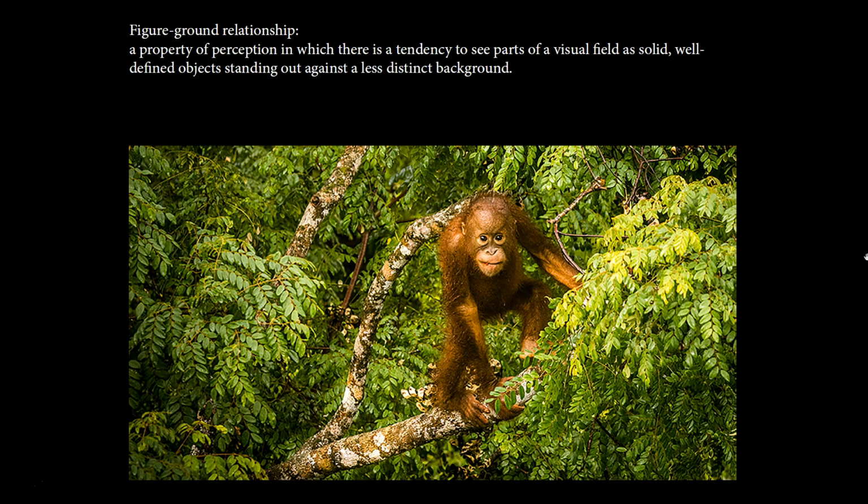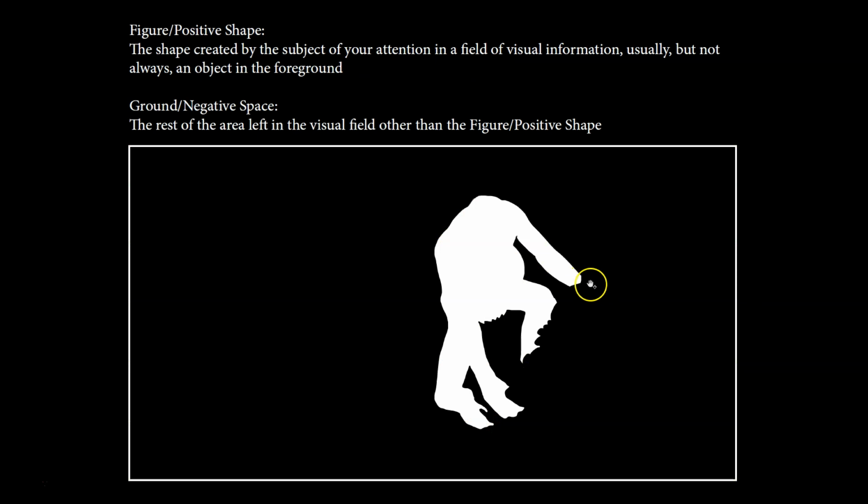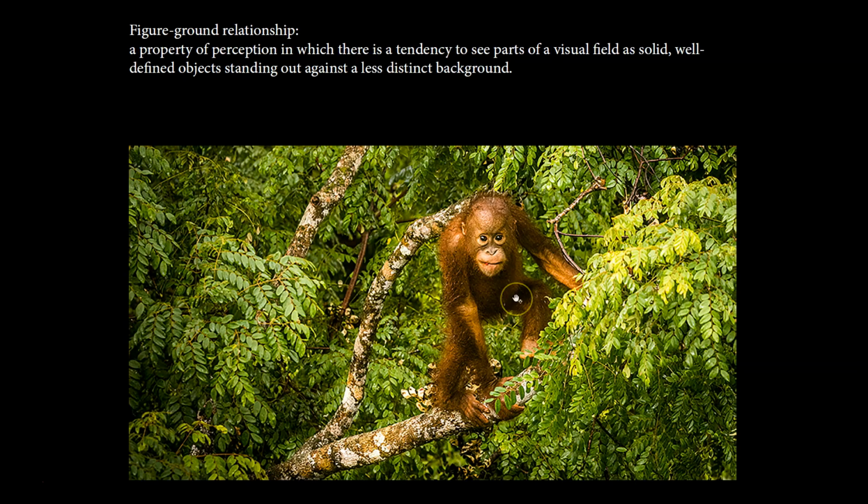Now, like we talked about with outline, there's a psychological principle, and this is part of the Gestalt psychology theory that I talked about when we talked about line as well, that's called the figure-ground relationship principle. This is the same idea of humans trying to separate out an object from its background.